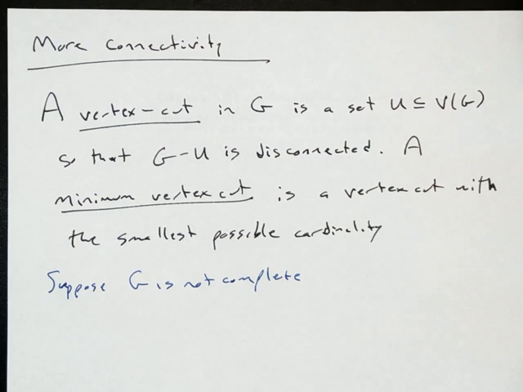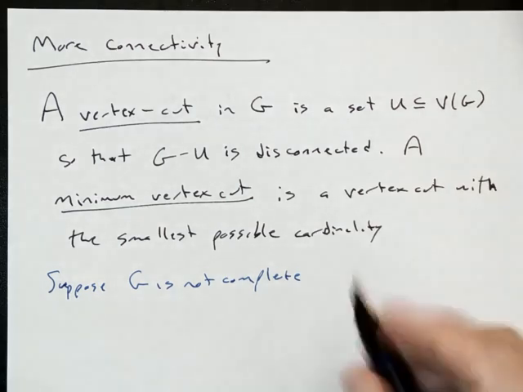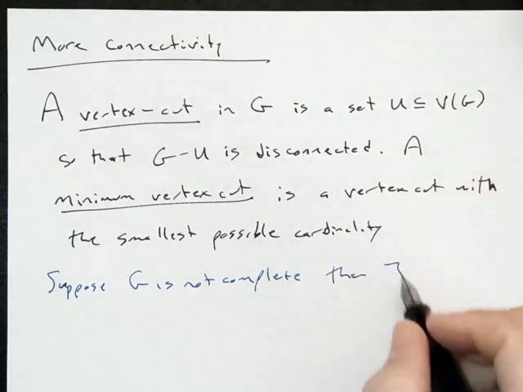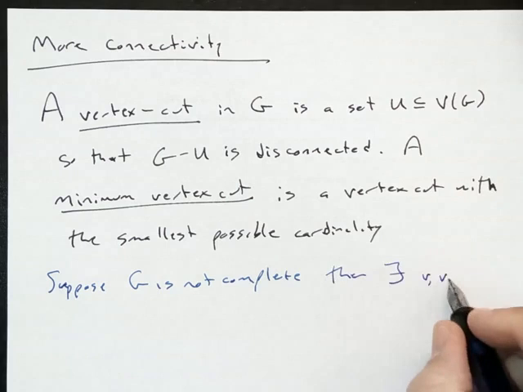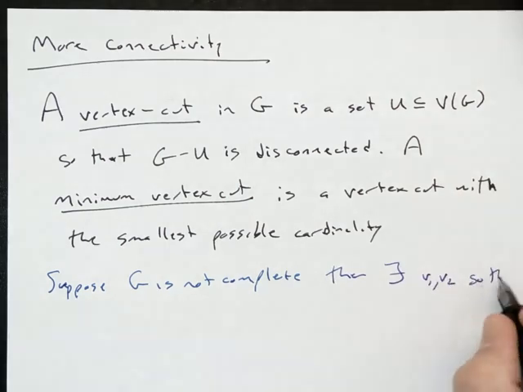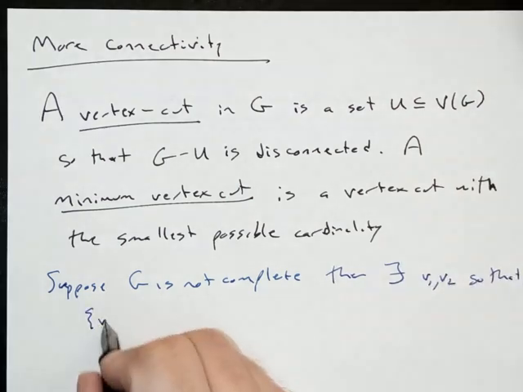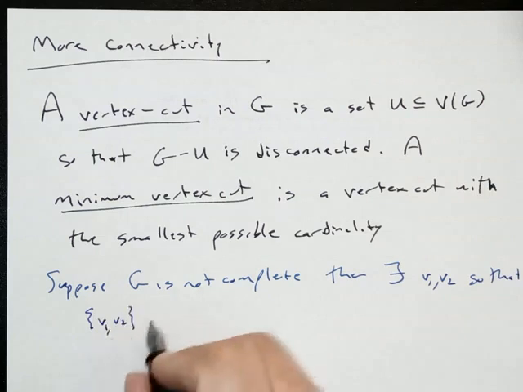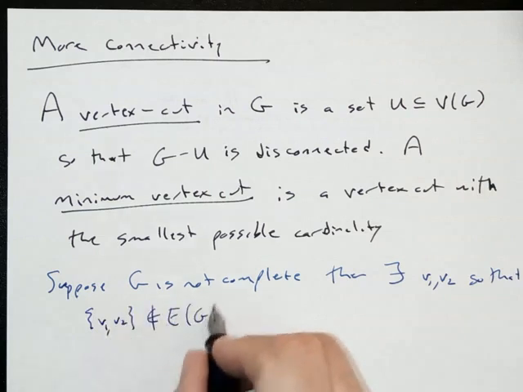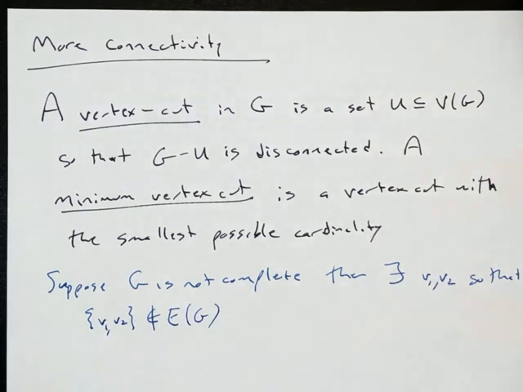There's one pair that are not adjacent. There are two, so that the edge between them is missing.